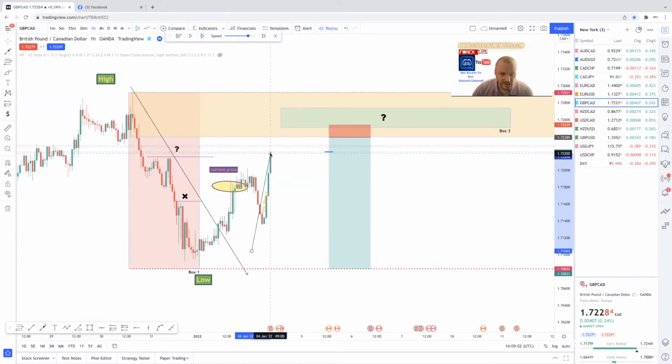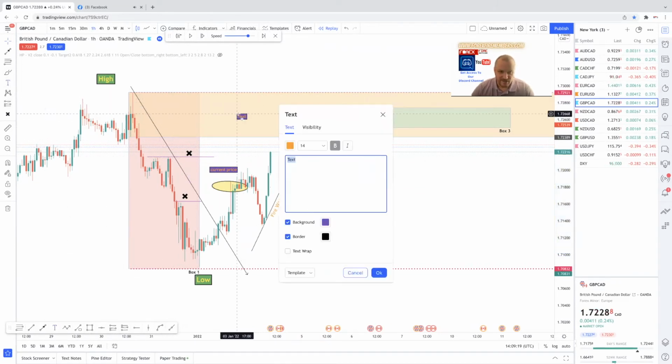So now this to here has taken out the liquidity there. This is telling me that price is now wanting to come back up to mitigate into this area. So this here is the 1 hour order block, this is the 1 hour order block right there.